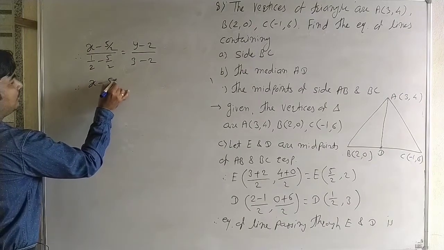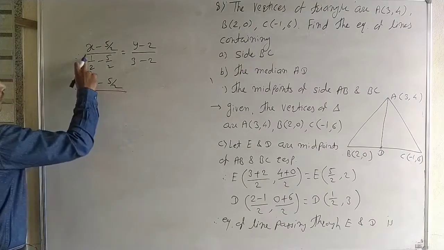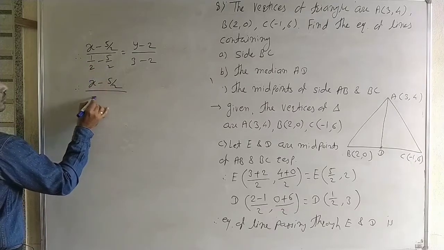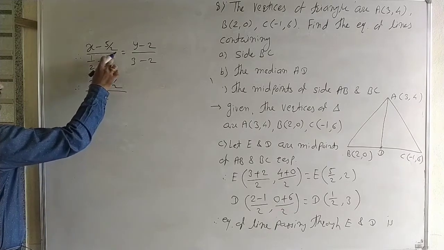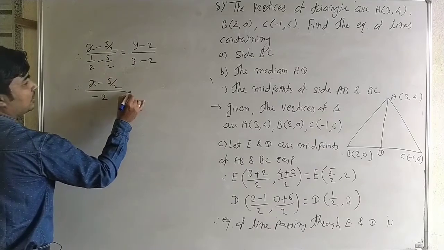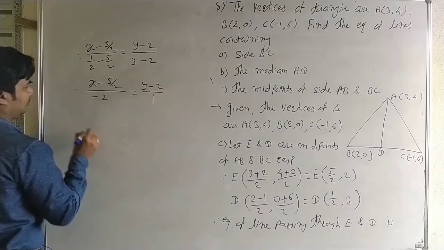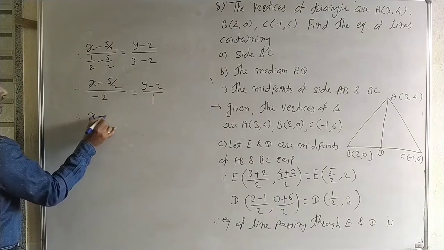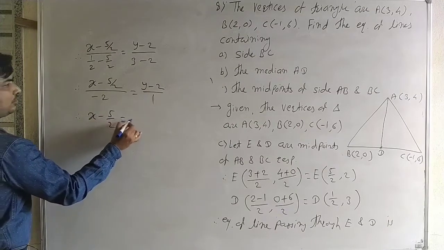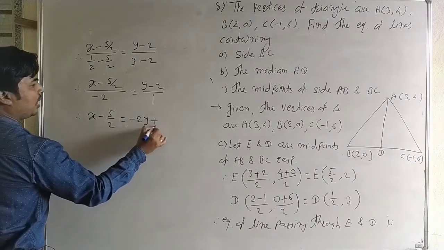Take the calculation here. (x minus 5 by 2) upon (1 by 2 minus 5 by 2), that is minus 2, is equal to (y minus 2) upon 1. Now x minus 5 by 2 is equal to minus 2y plus 4.